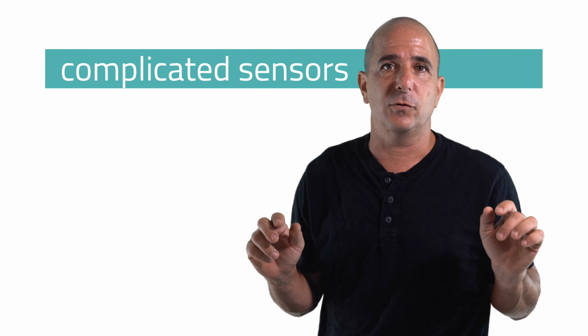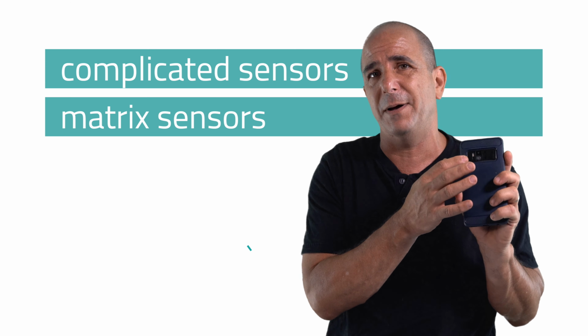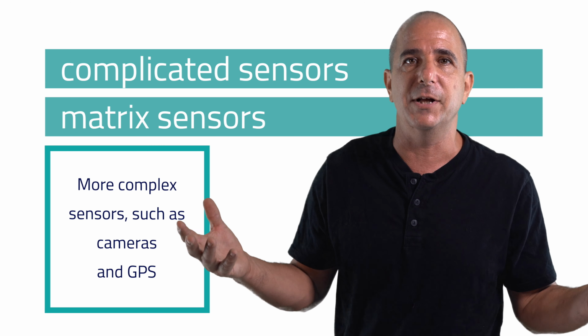Right. So with that in mind, we will differentiate between simple sensors, linear sensors such as a microphone or temperature, and complicated sensors or matrix sensors such as cameras. But we're not afraid of cameras, we're used to them.